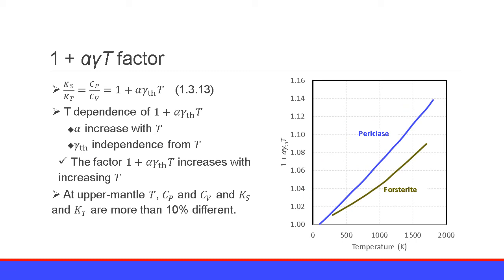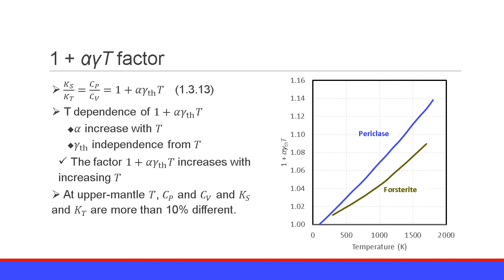Then finally, let us see the factor 1 plus alpha gamma T. The factor 1 plus alpha gamma T is the ratio of the adiabatic bulk modulus to the isothermal bulk modulus, and also the ratio of the isobaric heat capacity to the isochoric heat capacity.